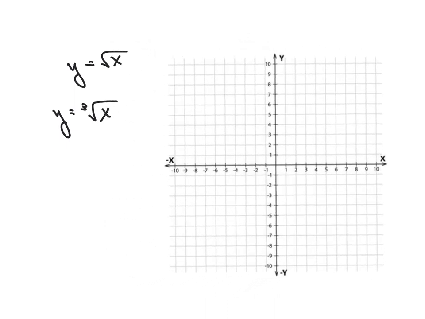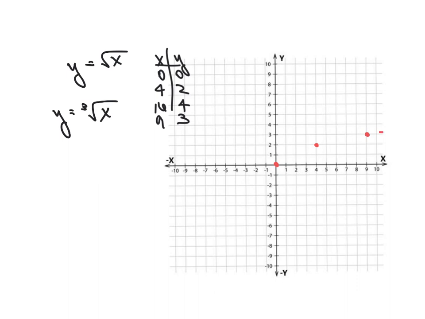What happens if we do an x and a y for this one, no matter what we put in here, so let's say we put 0, gives us 0. Then let's say we put in 4, we get a 2. Put in 16, we get a 4. Oh, we can also put in a 9 and get a 3. So when we graph this guy, we've got 4, 2, 16, 4, 9, 3.